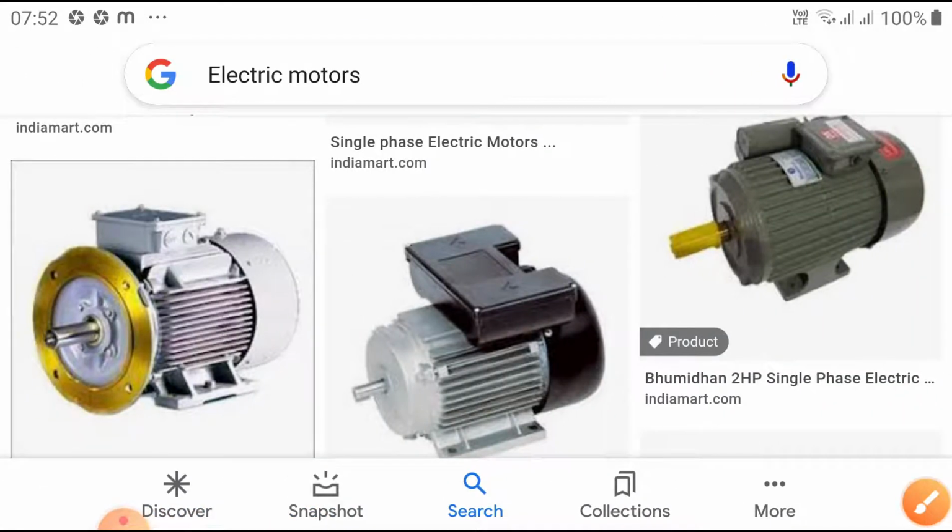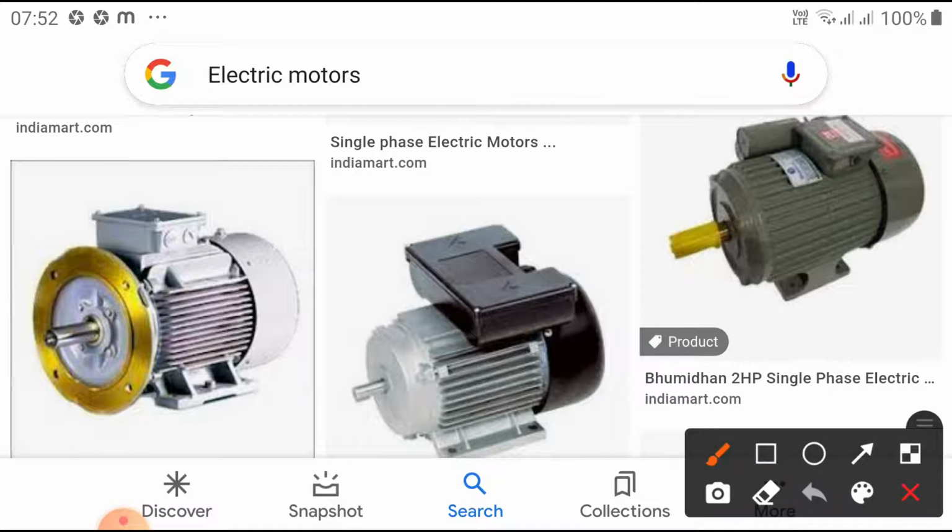You can observe these are all AC machines, single phase as well as three phase. This is a single phase capacitor start motor, and this is a three phase motor. For general purpose, this can be used for pumping.